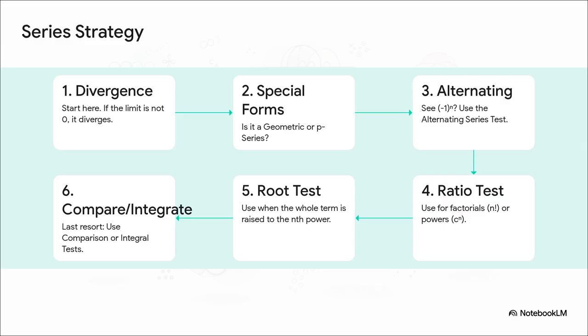Is it geometric or is it a p-series? Step 3, see that alternating term? That's your cue for the alternating series test. Step 4, got factorials or constants to a power? Use the ratio test. Step 5, is the whole thing to the nth power? Use the root test. And finally, step 6, only if you're still stuck, only as a last resort do you think about the comparison or integral tests. Follow these steps and you'll always find the right path.